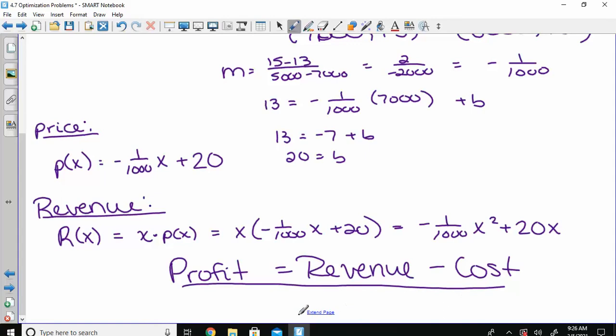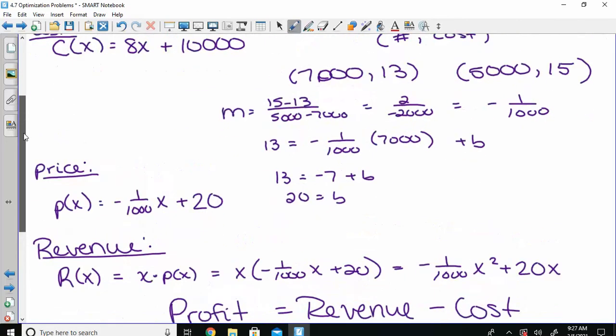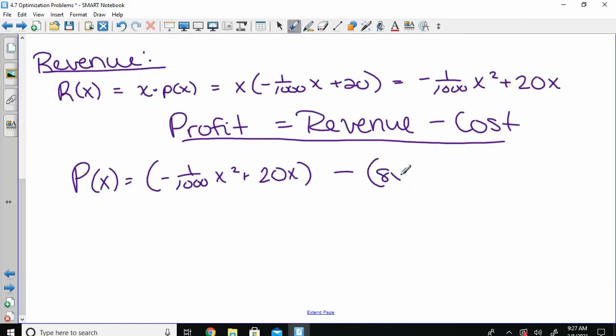So, if we work that out, our profit function is the revenue minus our cost, which we wrote at the very beginning, 8x plus 10,000.